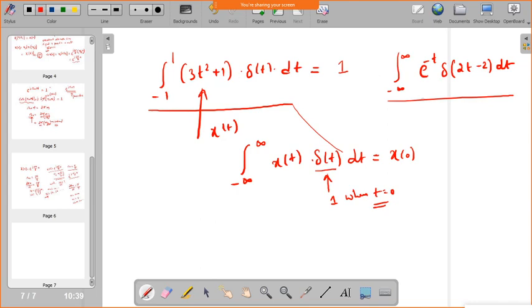What is the actual property you can use? You can use the scaling property of delta function. Try to use the scaling property and find the value.